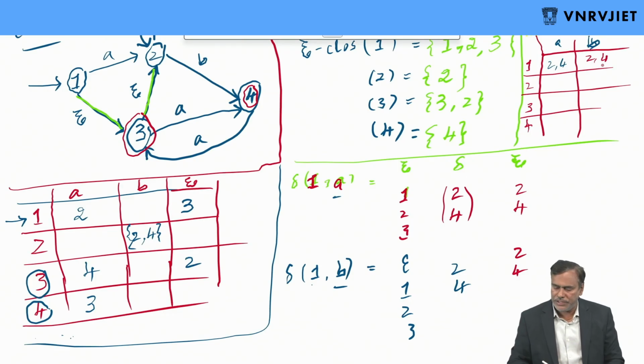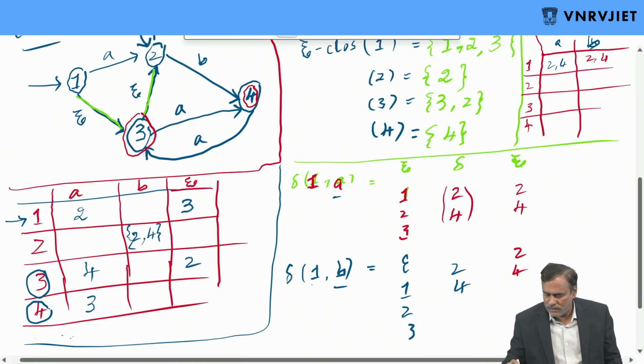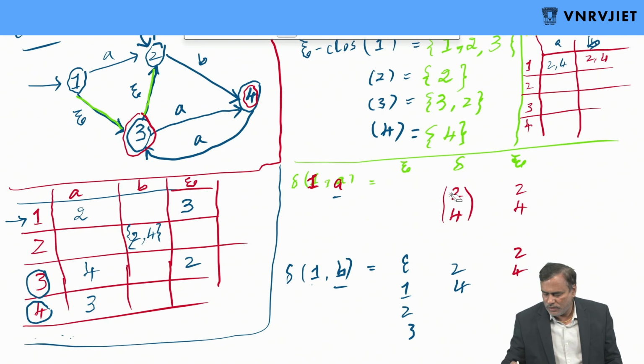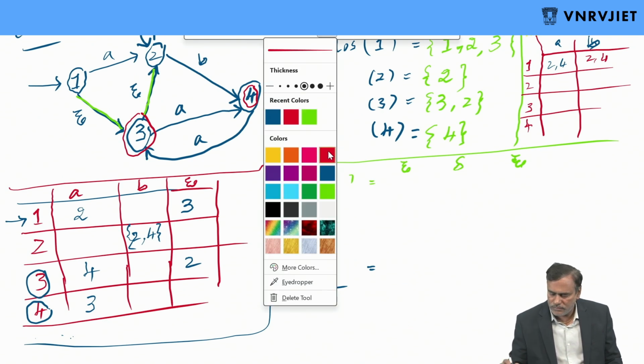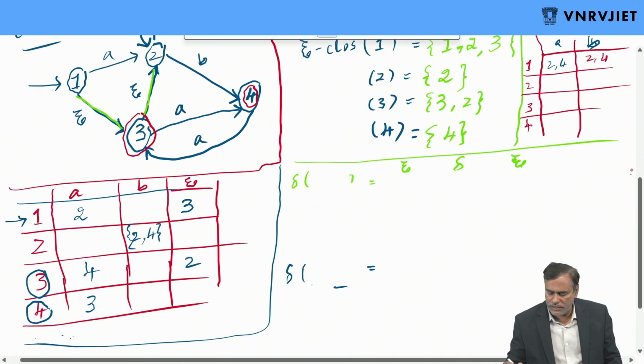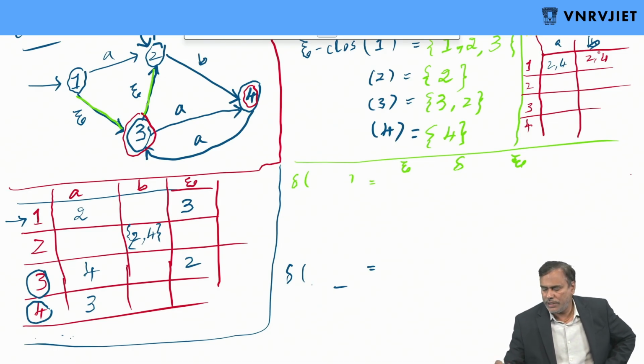In a similar fashion, you have to find with respect to the other states. Shall I erase this part? Yeah, this is the eraser. So for A, it is completed. In a similar fashion, you have to find 2A and 2B.